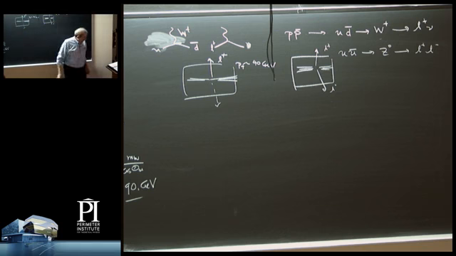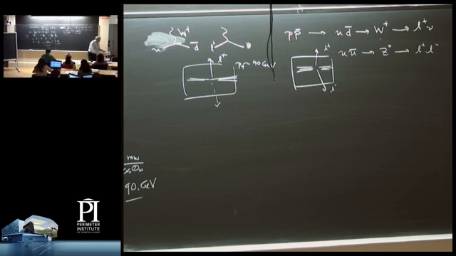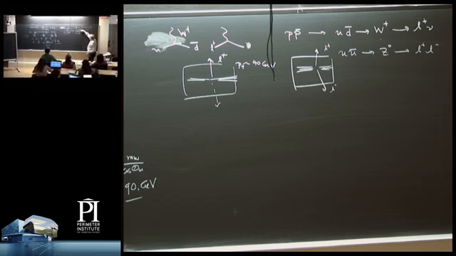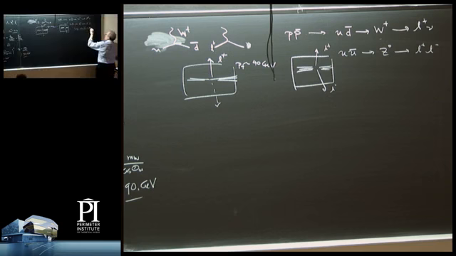Well, now you can make some tests of whether these mass predictions are correct. And indeed, one doesn't do so badly. For the Z, you can just basically add up the momentum of the lepton pairs and get an estimate of the Z mass.